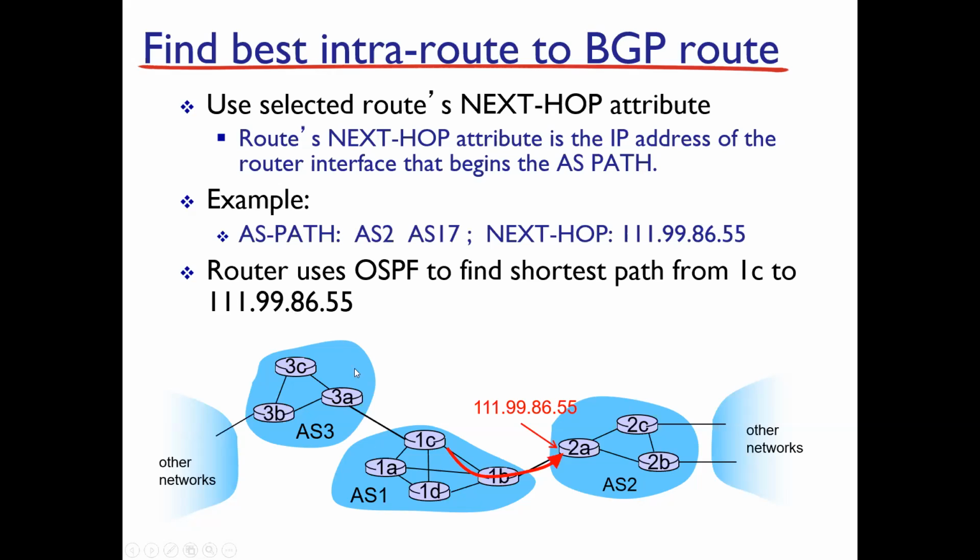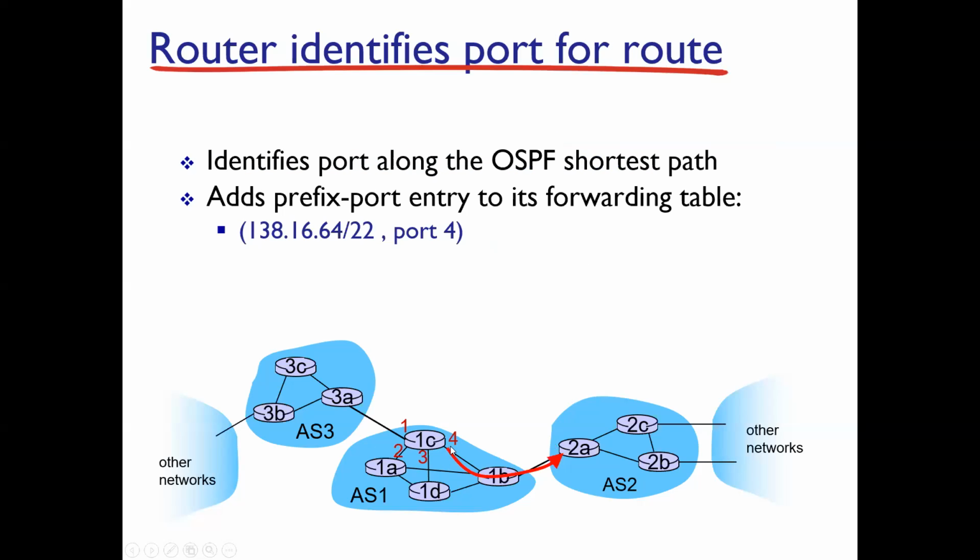And उस subnet तक पहुंचने के लिए because this IP address is going to be on some subnet, उस तक पहुंचने के लिए whatever is the next hop interface that you need to take, वो entry आपके पास आ जाएगी. For example, here it's port 4, which takes you to the next hop router interface, and that port 4 is the entry then that you will place in the forwarding table.